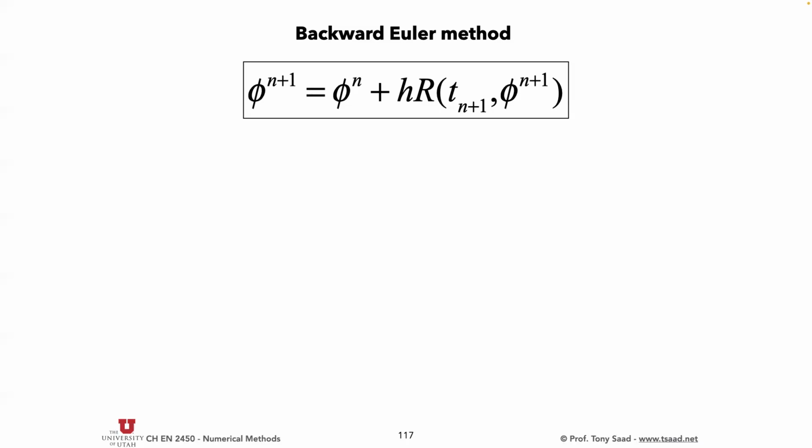Rich? Yeah, so what if your right-hand side was equal to cosine phi? Then you'd have phi n+1 equals something that you know, plus cosine phi n+1. That's a nonlinear equation. That's x equals something plus cosine x.